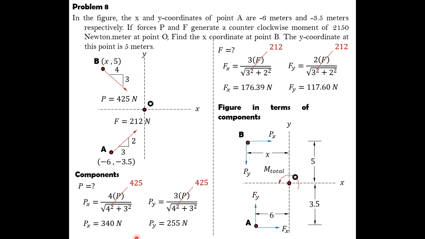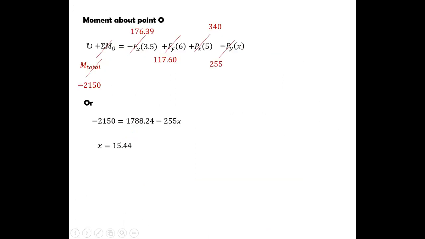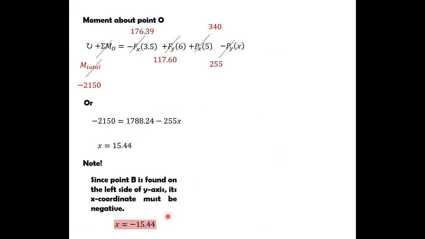So the x that we got must be a negative value. Okay, so that is just an important detail that you need to note just in case you are asked to find the value of distance but in terms of coordinate. Check first where the exact location of the point is, whether it is on the left or right of the y-axis, or above or below the x-axis.